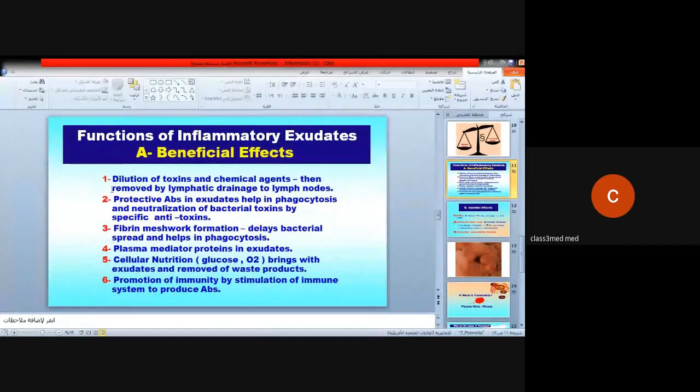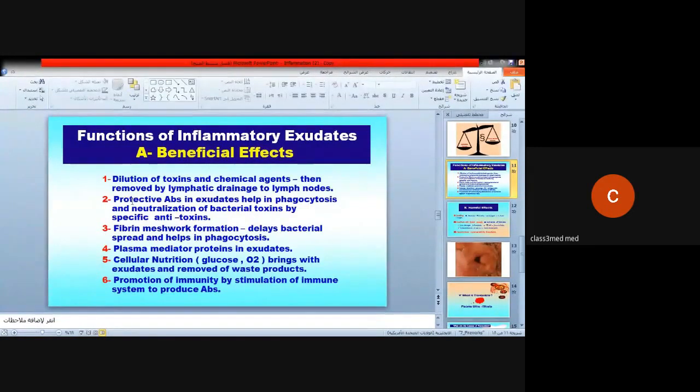First, inflammatory exudate causes dilution of toxins and chemical agents, and then removal of these toxins and chemical agents by lymphatic drainage to the lymph nodes. Protective antibodies are present in the exudate, which help in the phagocytosis and neutralization of bacterial toxins by antitoxin.